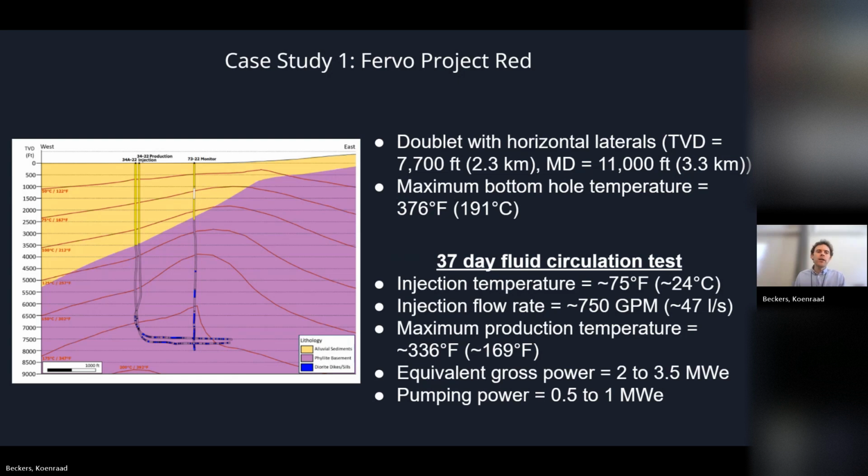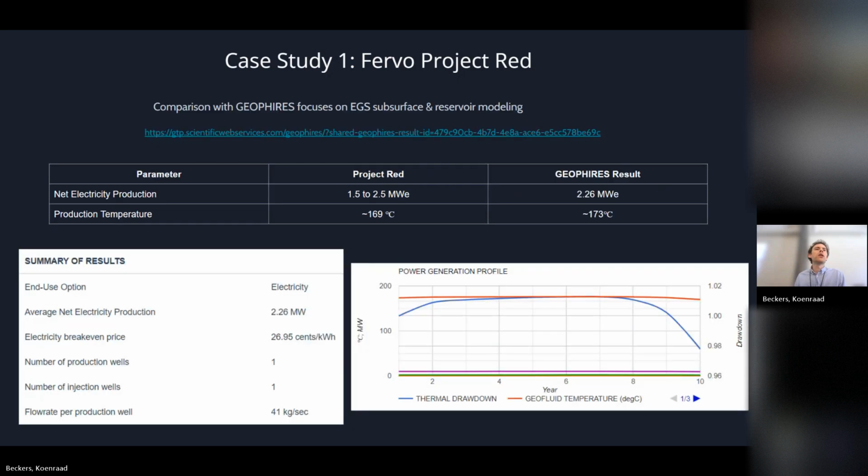In the circulation test that was done, there was a range, I think a 200 gallon per minute range, so we just picked average values, which I think was around 41 kilograms per second. They had a peak up to 60 kilograms per second, but the average value was about 41, and about 40 or so degrees Celsius. And these are some of the outputs that we were getting.